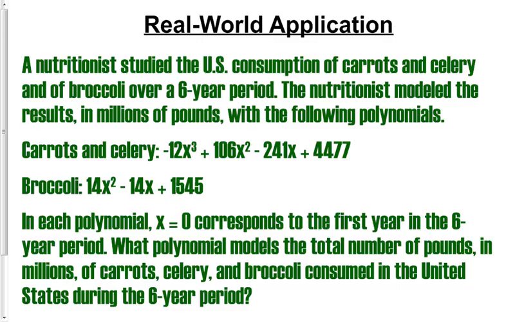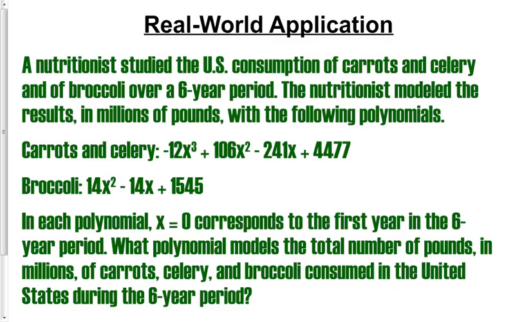Now I'm going to leave you with this real-world application. You can choose to do it. It says a nutritionist studied the U.S. consumption of carrots and celery and of broccoli over a 6-year period. The nutritionist modeled the results in millions of pounds with the following polynomials. So carrots and celery, we have that. Broccoli, we have that. And in each polynomial, x equals 0 corresponds to the first year in the 6-year period.